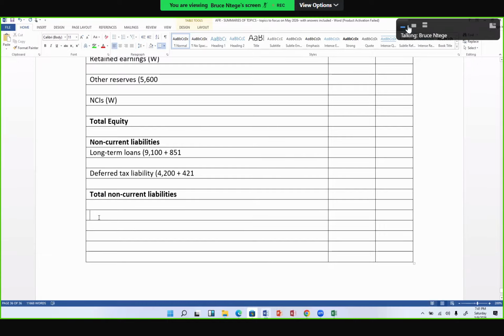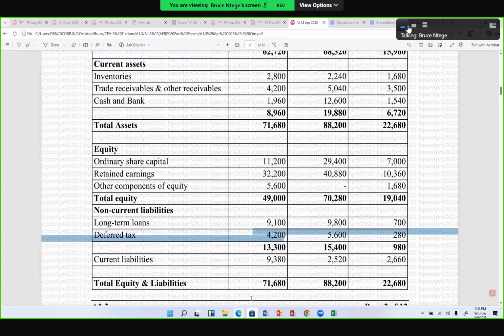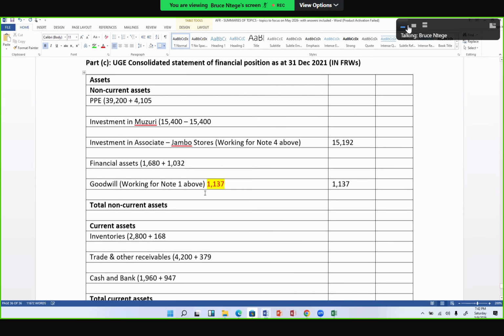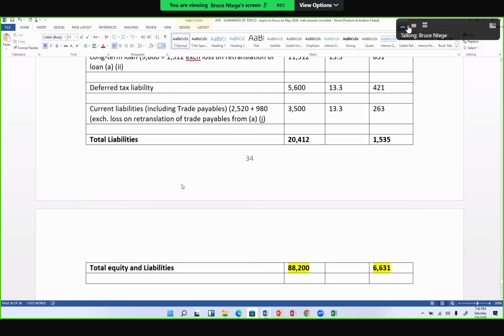Then finally you bring in the current liabilities. Let's see what's the first line. Usually it's trade payables, but it's one line actually. So I have 9380 for the parent. I'll come and put it in here, 9380. Then the figure we've translated of the subsidiary, part B. In part B, the current liabilities are here.